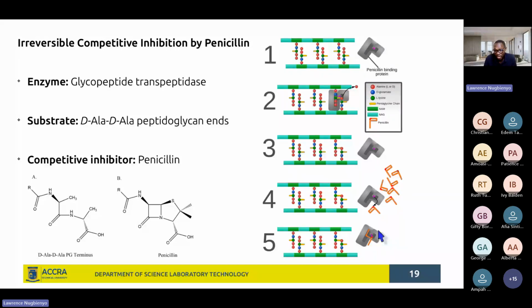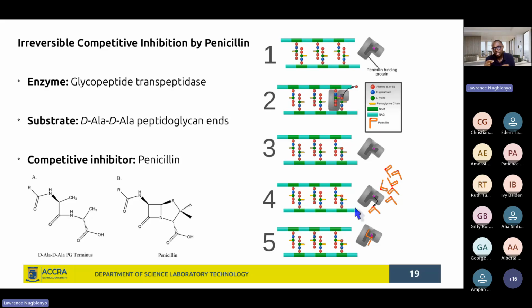And once it binds into the active center of the enzyme, the enzyme becomes inactive and so can no longer carry out the formation of those peptide linkages between the glycopeptides. In that way, it means that penicillin inhibits the formation of the peptidoglycan so that the cell wall is not being formed again for the bacteria.